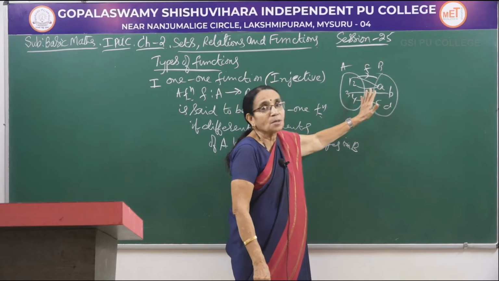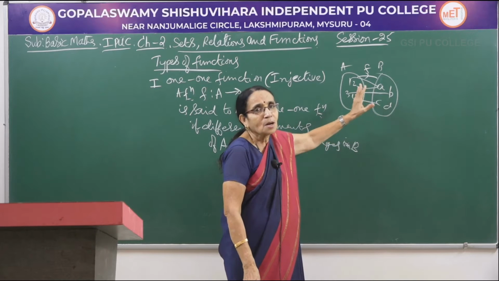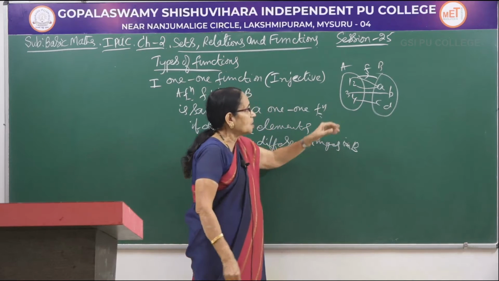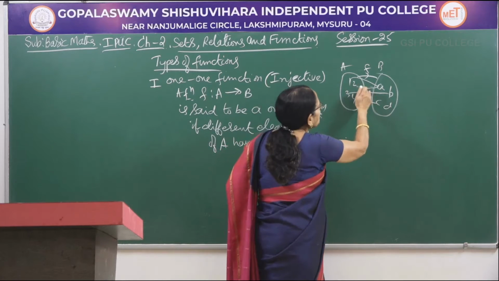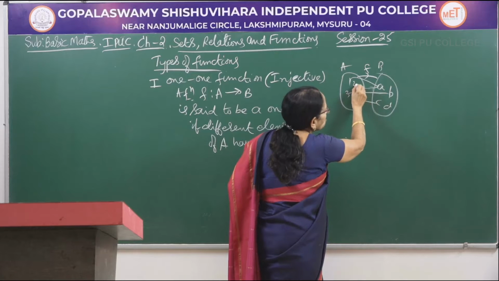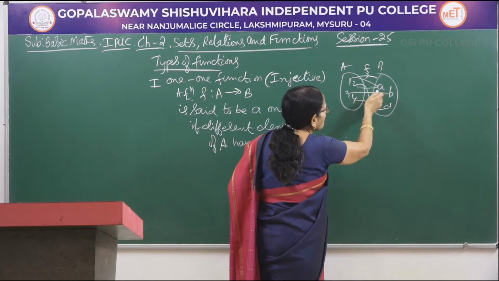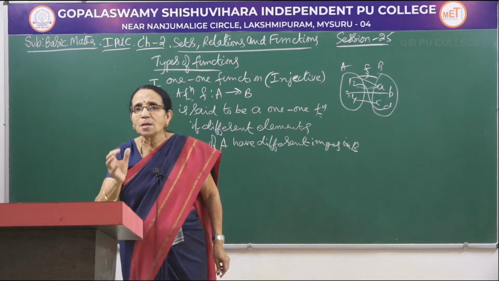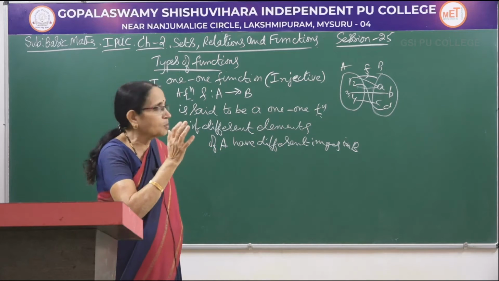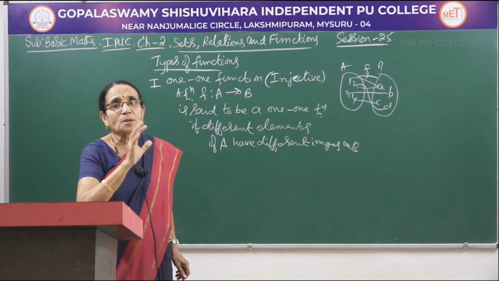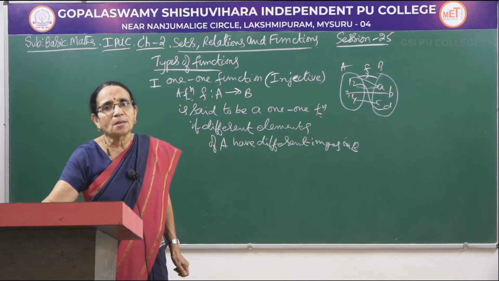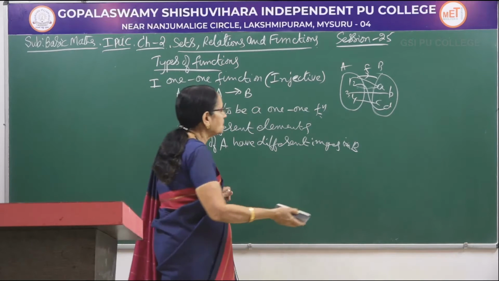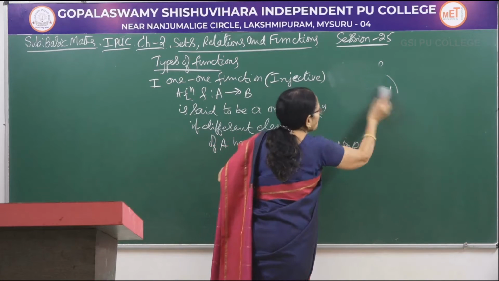So, this is not considered a 1-1 function. Suppose you are having 1 associated with A, 2 with D like this, 3 with B. Now, we can call it a 1-1 function. That means, the number of elements taken from the domain A should have the same number of images in the codomain B. Then we call it a 1-1 function.